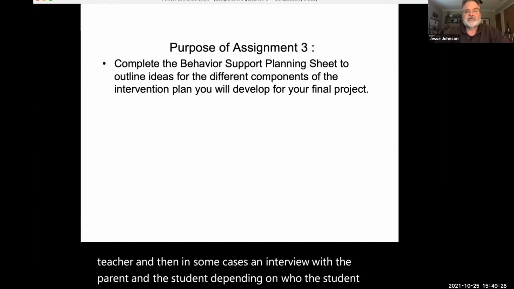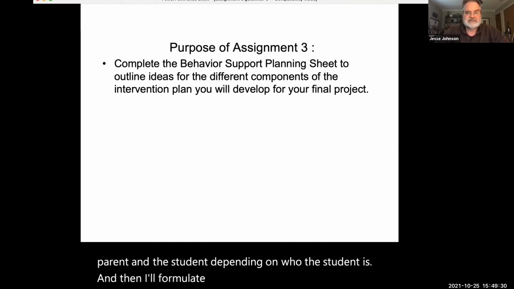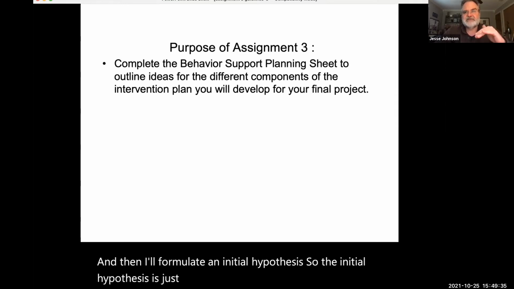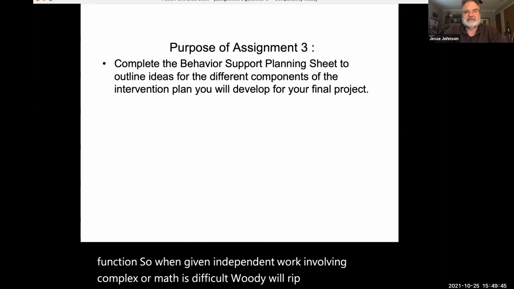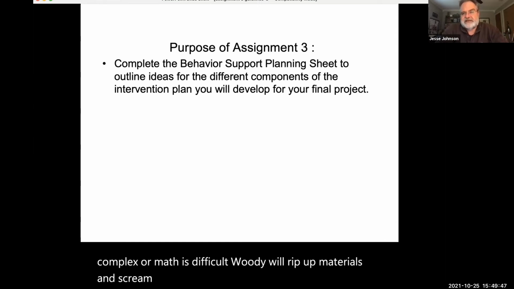And then I'll formulate an initial hypothesis. The initial hypothesis is just the antecedent, the behavior, and the function. So, when given independent work involving complex or difficult math, Woody will rip up materials and scream obscenities in order to escape the demand.